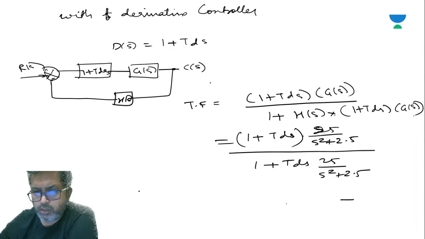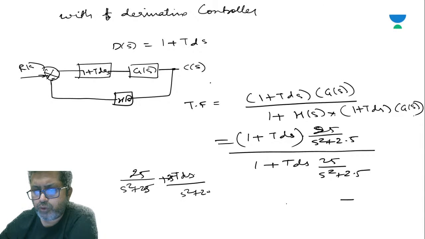Okay. So this is 25 upon s square plus 2.5. Okay. S square plus 2.5 plus TDS or 25 TDS divided by s square plus 2.5.